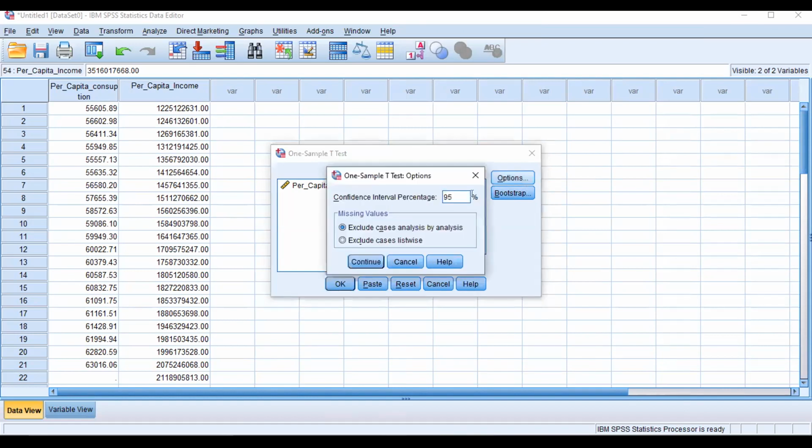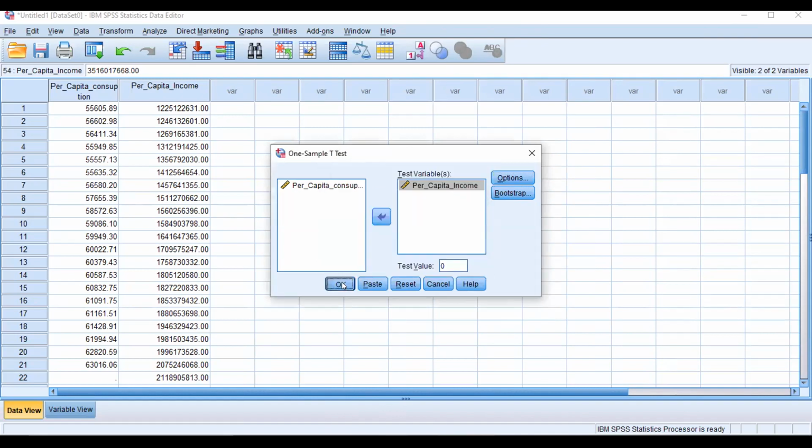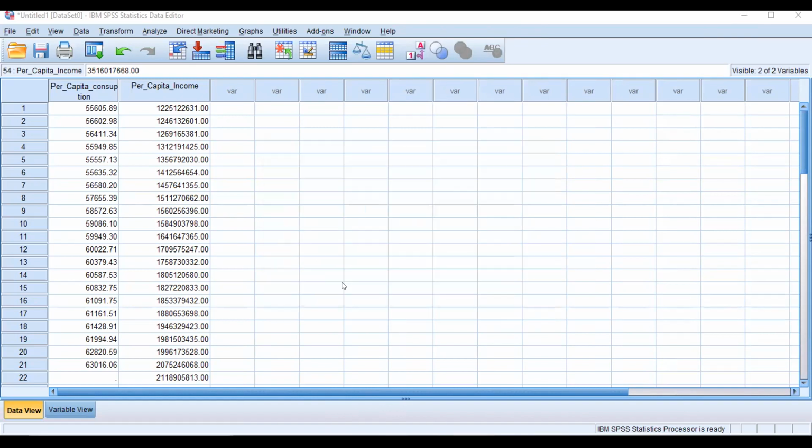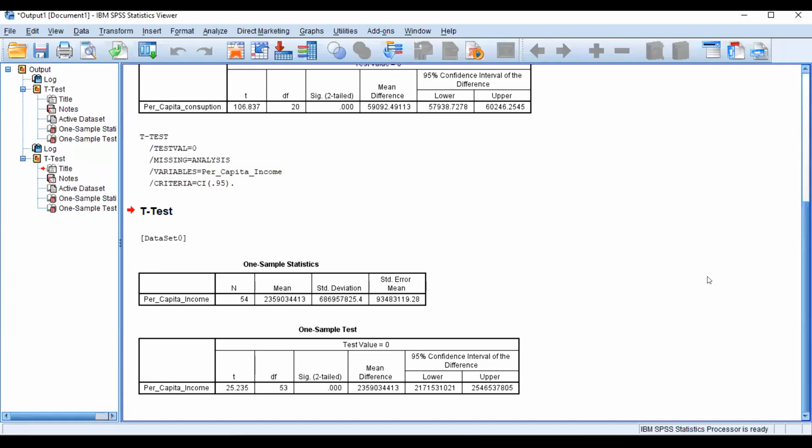Again, we will follow the same things, 95% confidence interval, and then okay. And I'm sharing the output screen. After analyzing that, we get this output window.